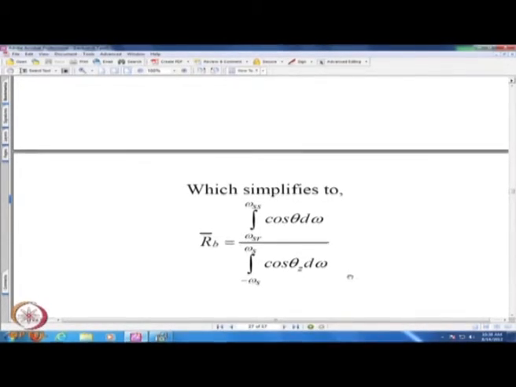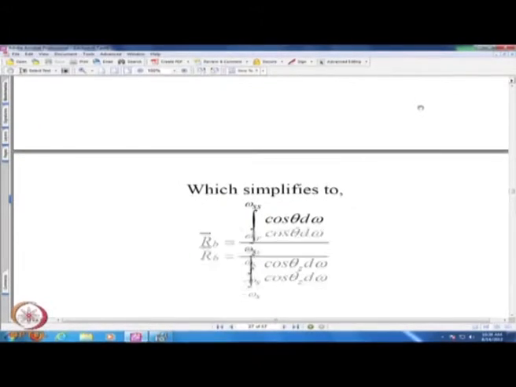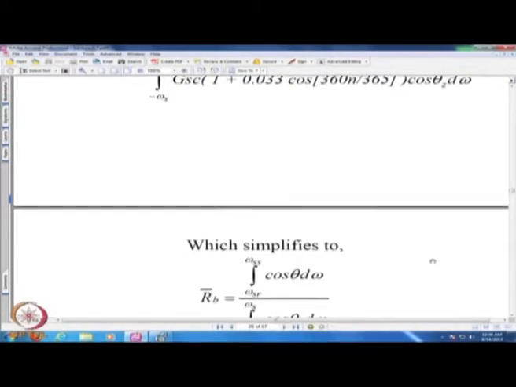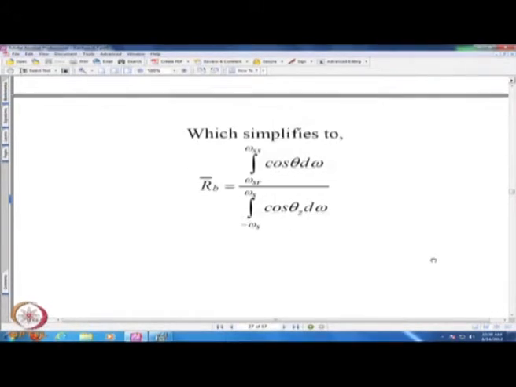This is surprising, whereas R_b is cos theta by cos theta z, R_b bar is the integral of cos theta over the integral of cos theta z. That is not perfectly valid mathematics, but it turned out to be so because of the relation between G_on and cos theta z, where this cos theta z gets cancelled. Consequently, it looks as if the numerator and denominator are separately integrated to get the integrated value of the function.